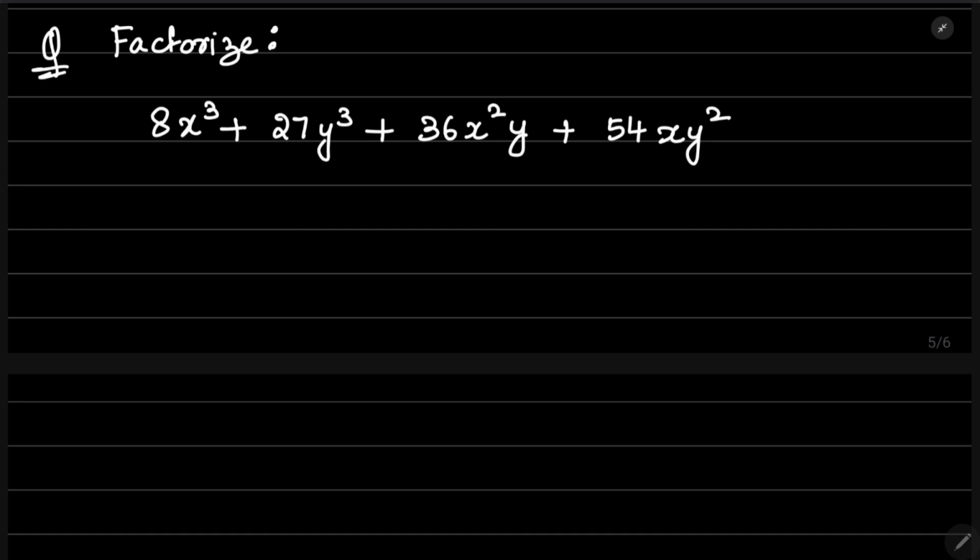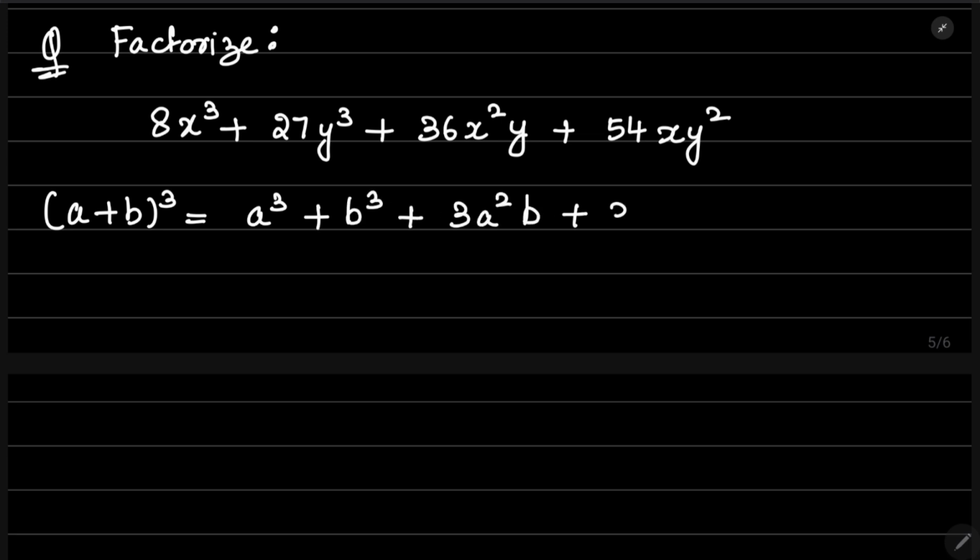Okay, so the minute you see this question, you should be able to relate this to the identity which is nothing but the expanded form of a plus b the whole cube, which is a cube plus b cube plus 3a square b plus 3ab square.